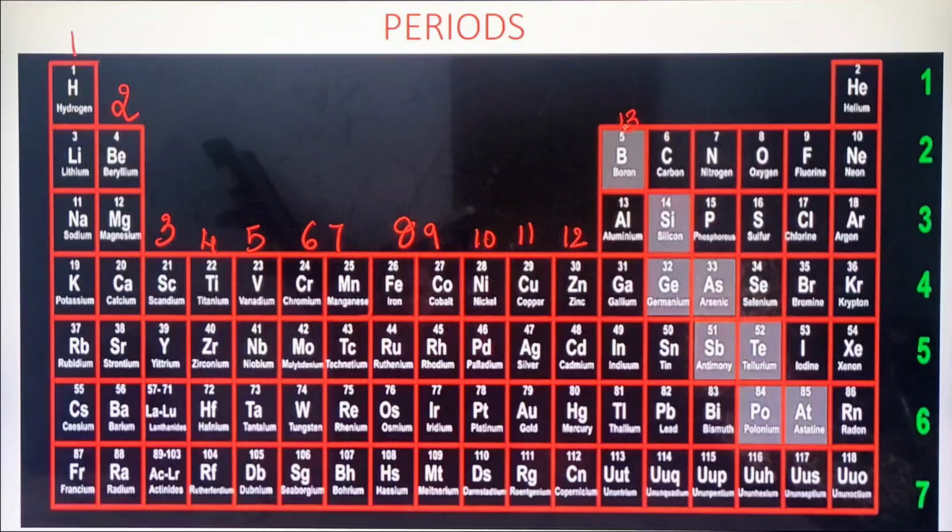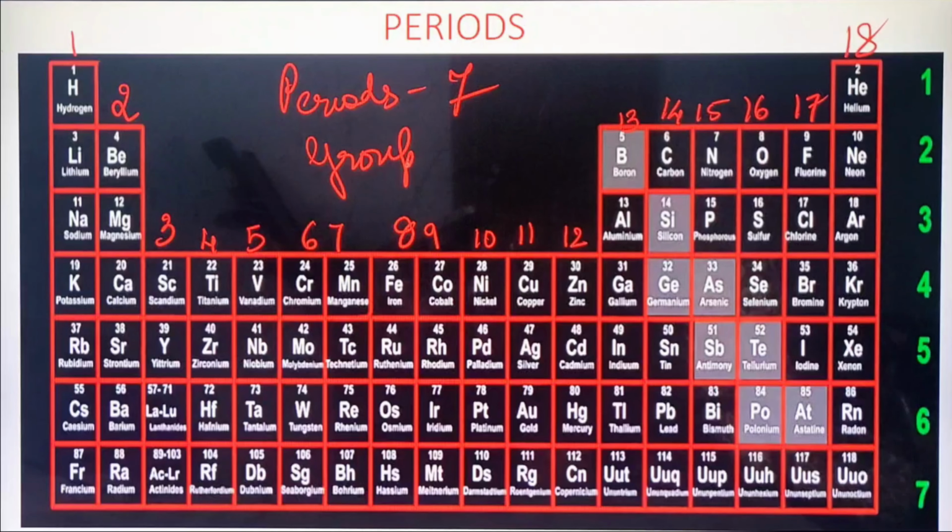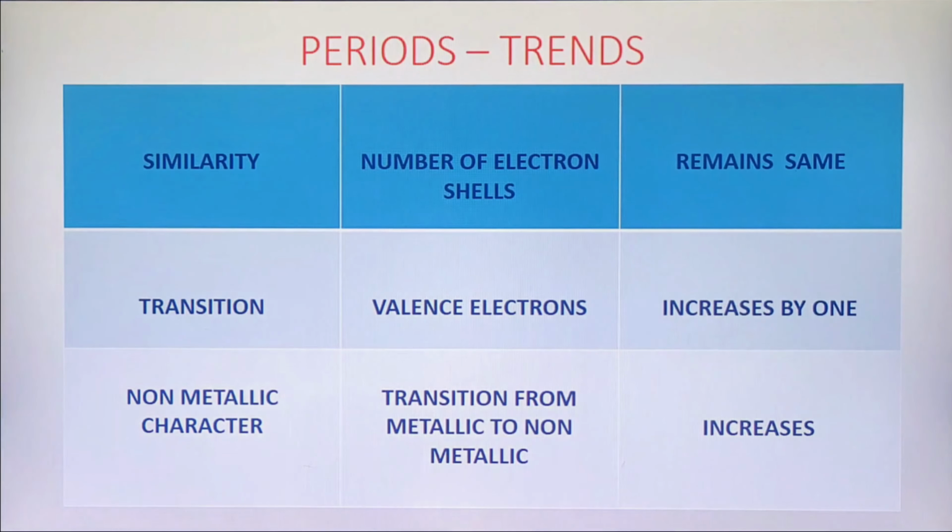This is the 13th group. 14, 15, 16, 17, and this is the last group, that is 18. So if you have a look at the periodic table, how many horizontal lines are there, children? Horizontal lines are 7. And how many groups are there in the periodic table? As you can see the number here, there are 7 periods and there are 18 groups.